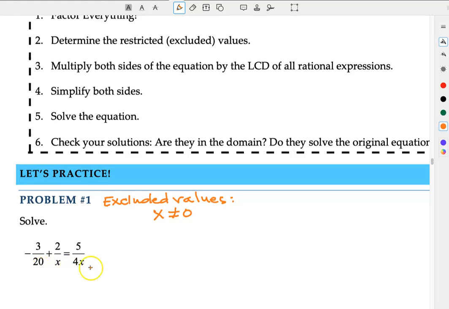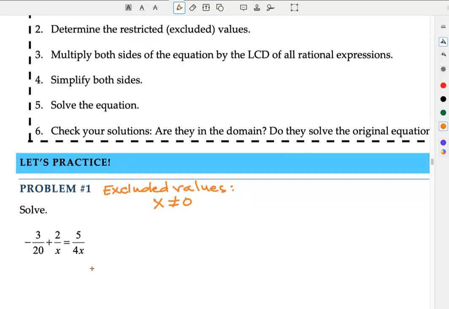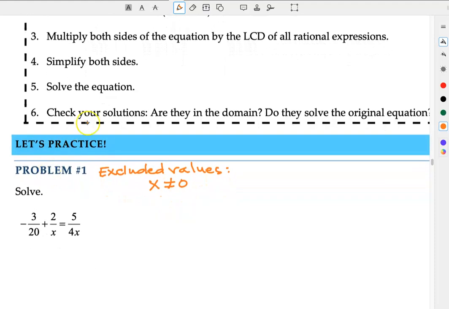Now we need to find our LCD. We've done that before when we were adding and subtracting these, and we need to do that again here. Remember, the LCD has to make sure everybody is accounted for. I know that 20 is 5 times 4. I'm just going to put it underneath to help us see what our LCD is going to be.